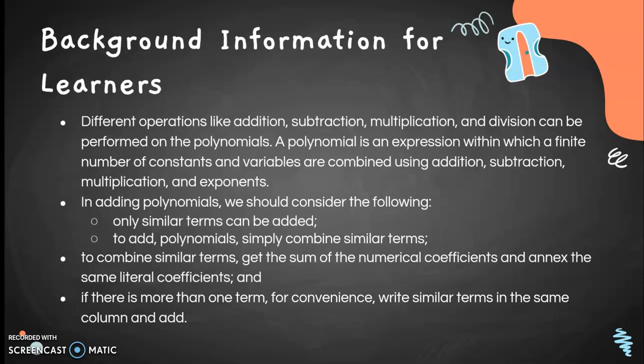So, if for example we are adding many terms, let's say a binomial, that is 2 terms, or a trinomial, that is already 3 terms, we arrange it by column, all the similar terms.